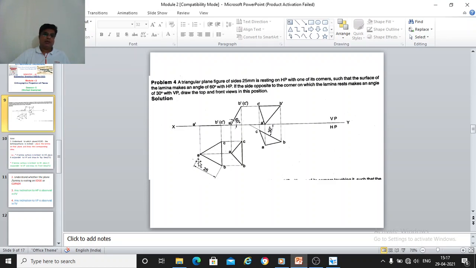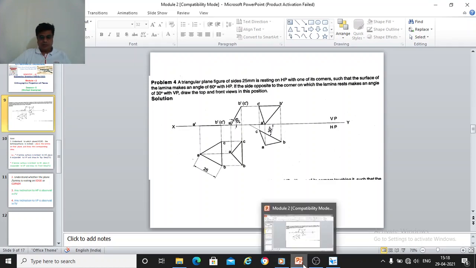So the edge will be vertical, on the right hand side. The previous problem was resting on the edge, but now in this problem it is resting on the corner. So bring the corner to the left hand side and draw the other edge here. It should be straight vertical with respect to the XY line.